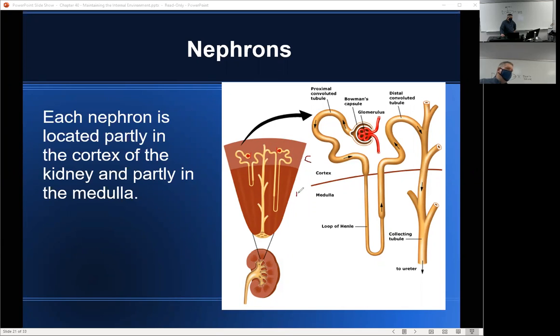Darker brown, this is the medulla. Over here, the dividing line is this red line here. So here's a nephron. The nephron goes from the cortex down into the medulla, then back up into the cortex, and then it drains into this collecting tubule here.